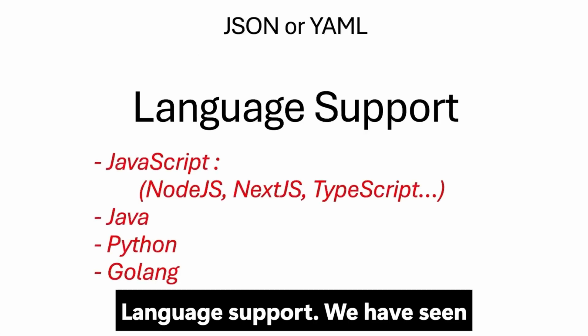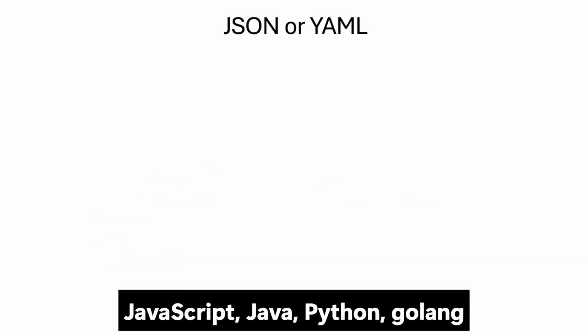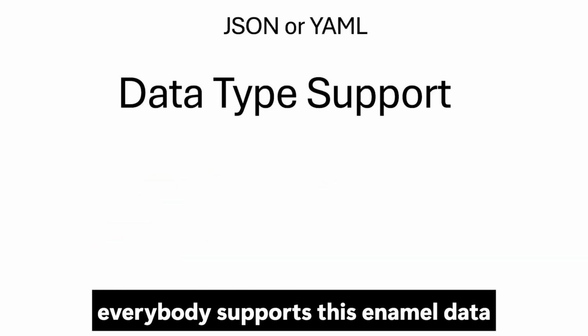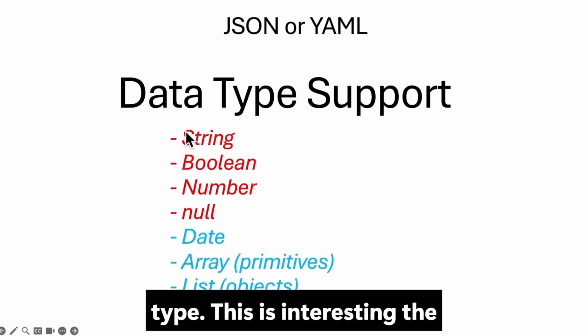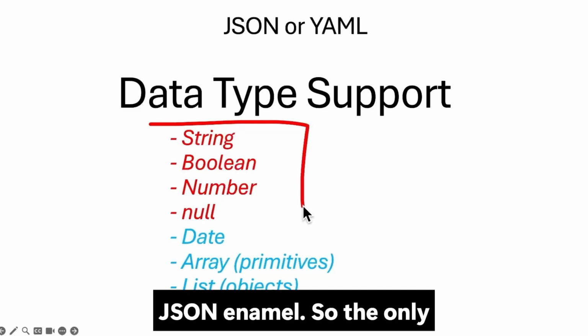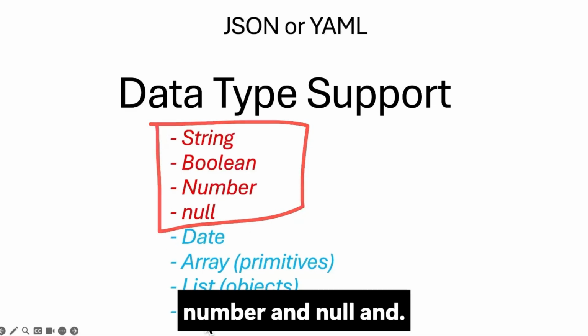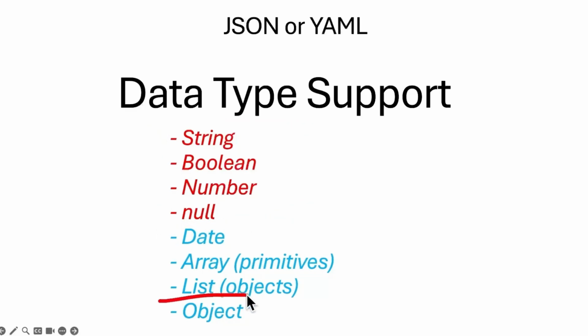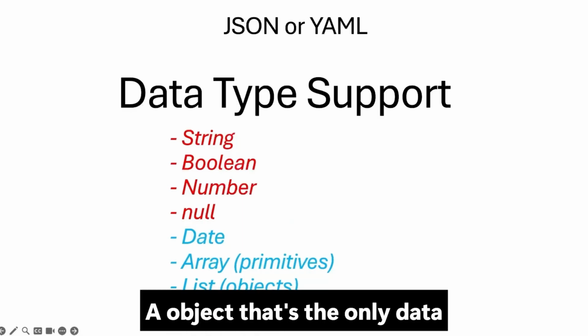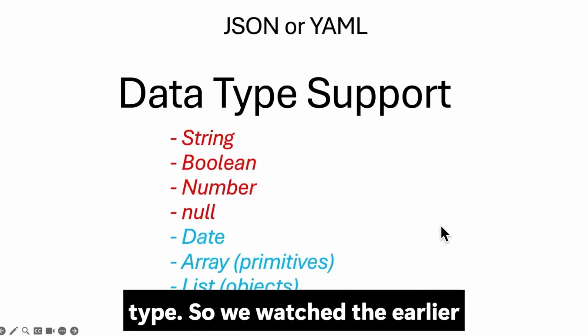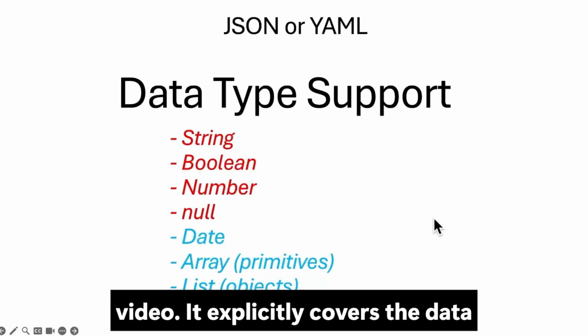Language support, we have seen JavaScript, Java, Python, Golang, everybody supports JSON and YAML. Data type, this is interesting. For JSON and YAML, the only data types are string, boolean, number, null, and object. That's the only data type. We watched the earlier video, it explicitly covers the data types.